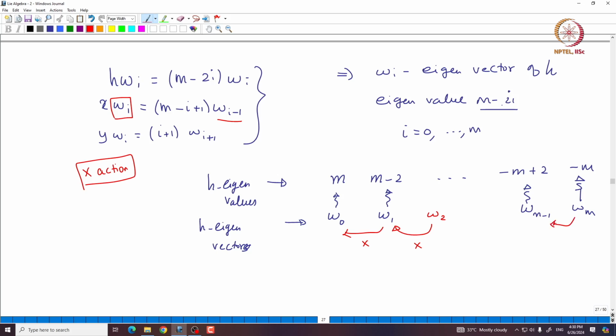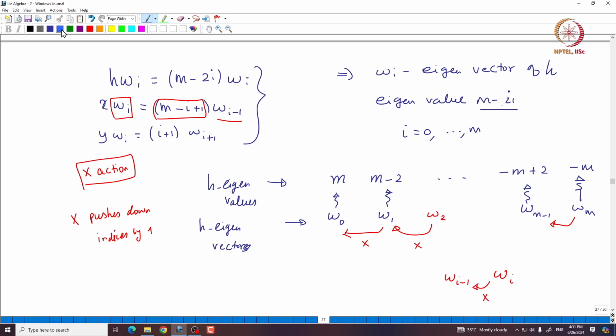So X pushes down indices by 1, up to multiples of w_i. The multiple is not important, because everything is one dimensional, and that one dimensional space is pushed. So when you apply X on w_i, it takes you to w_{i-1}. That is the important thing.